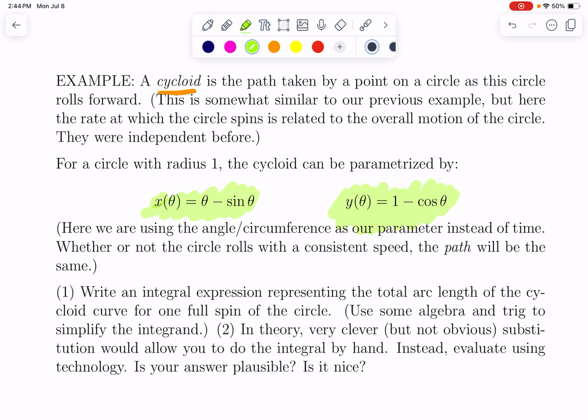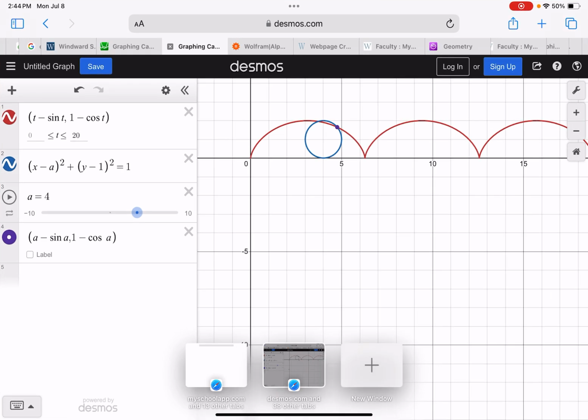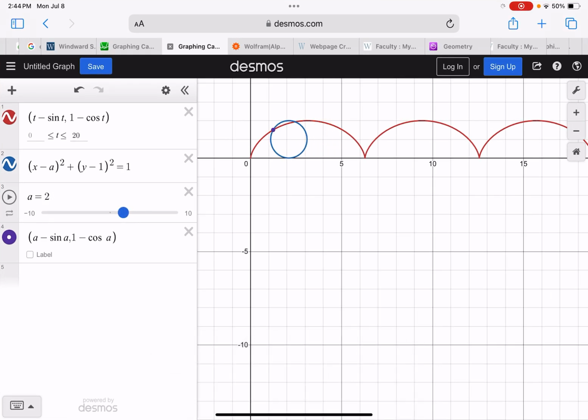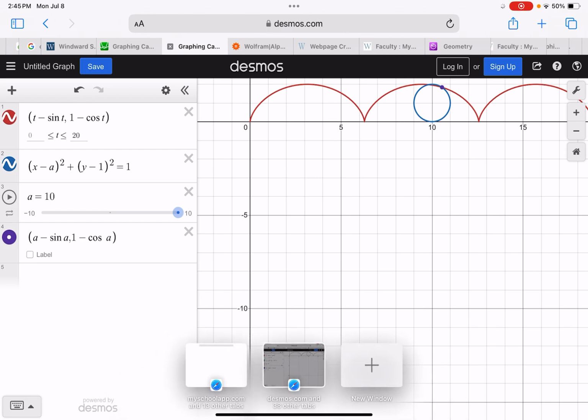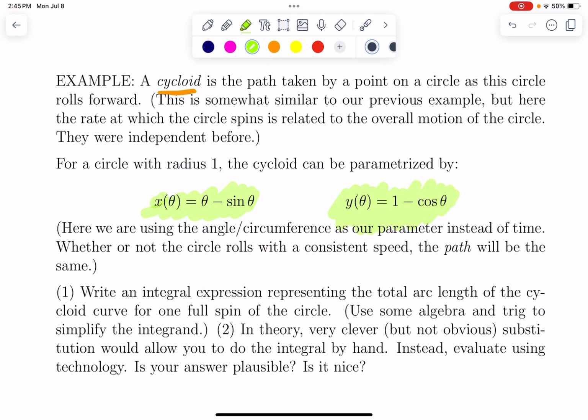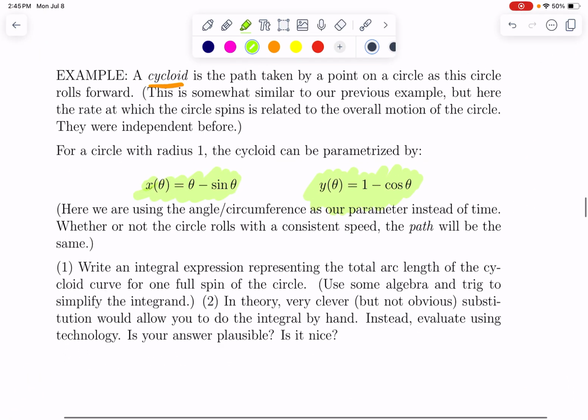Whether or not we are rotating at a constant speed, or we could be rotating in a way that's kind of jerky. It goes fast, and then it slows down a little bit, and it goes fast, and it slows down a little bit. We'll get the same curve, regardless of what happens. We don't really need to think about the time. As long as it rotates through every angle eventually, we get that curve. So that's why in this case, we're just using theta as our parameter. Imagine it as time if you like, it's unnecessary.